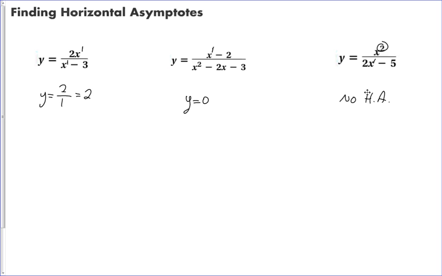Okay, and remember, asymptotes on a graph are where the function is not defined. Your graph will never cross an asymptote because the graph is not defined at asymptotes. Think about it, vertical asymptotes occur where your denominator equals 0.